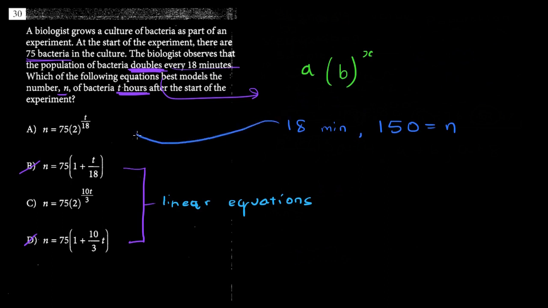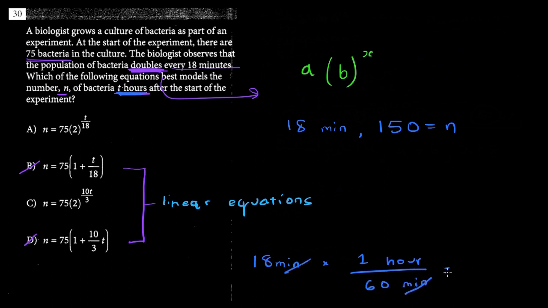The problem now is that some students will plug in 18 directly, and this is the trap of this question. What makes it difficult is that t is not in minutes, but in hours. So we should convert the 18 minutes into hours, and the way we can do that is with a conversion factor. 18 minutes, and 1 hour has 60 minutes, so the minutes cancel out. 18 over 60 gives us the hours for 18 minutes.